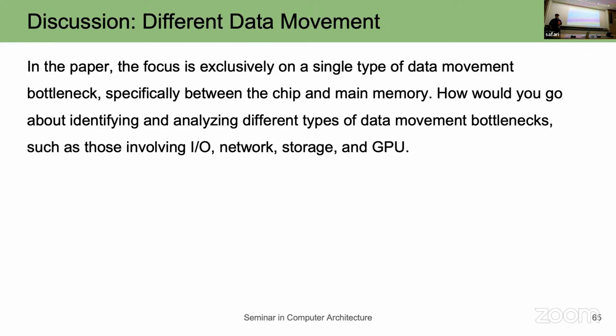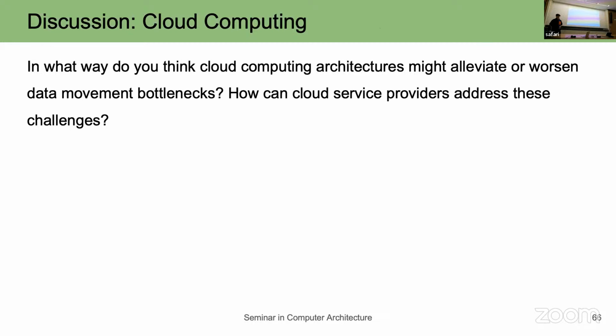So yeah, then on top of those metrics, one could classify them using one of the algorithms we talked about. So for my next question, what do you think cloud computing architectures might do for data movement bottlenecks? Do you think they'd alleviate them or worsen them? And how could cloud computing service providers address these challenges?